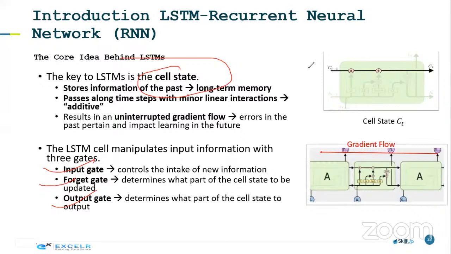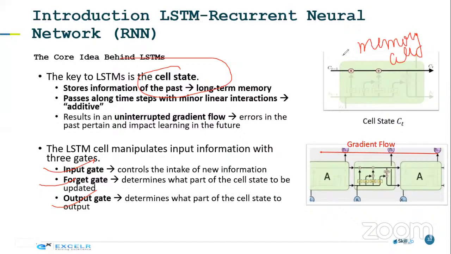First thing, the cell state, which is also called the memory cell. This entire operation, this pointwise operation, with the vectorized information flowing through, is called the memory cell or cell state.